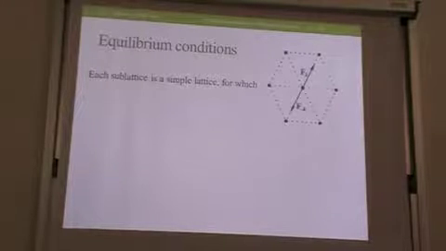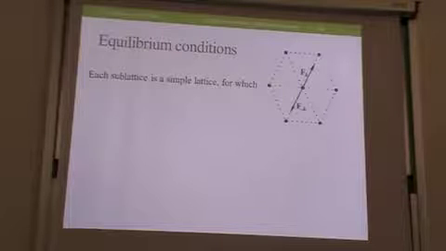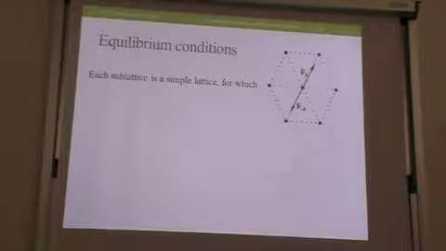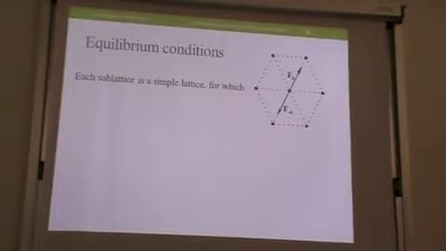Let's start with the equilibrium condition. Each sublattice of the diatomic lattice is a simple lattice, for which we can draw the following picture. By this picture, I mean that every force, because we have pair force interaction, has the same magnitude but different direction, so that each sublattice is in equilibrium at any arbitrary homogeneous strain.